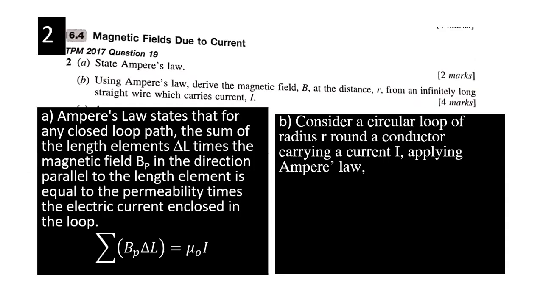That's your field. Then you apply Ampere's law. B times the circle, which is 2 pi R, equals the enclosed current, mu naught times I, and then get your answer.